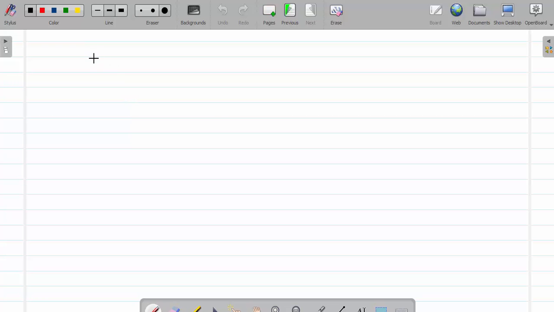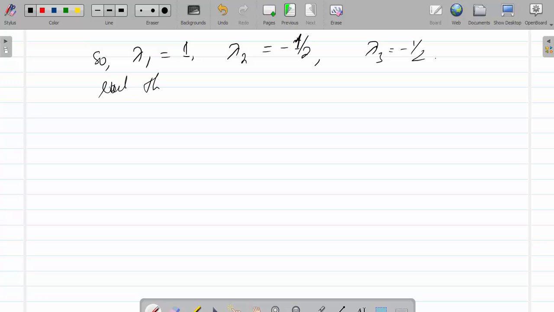So λ1 equal to 1, λ2 equal to minus half, λ3 equal to also minus half, such that |λ2| is less than 1 and |λ3| is also less than 1.